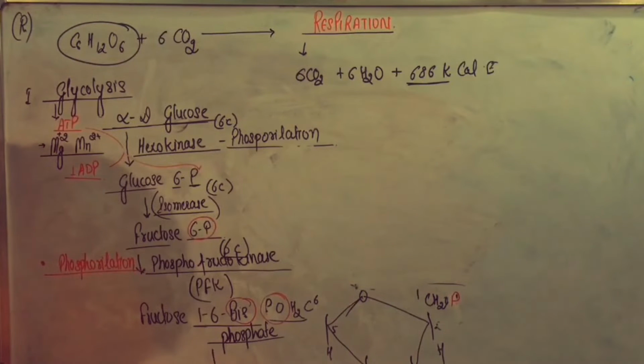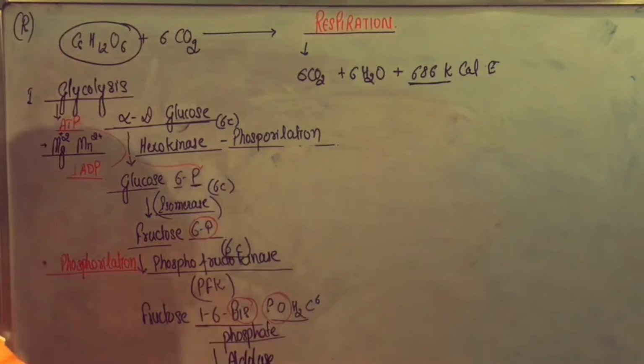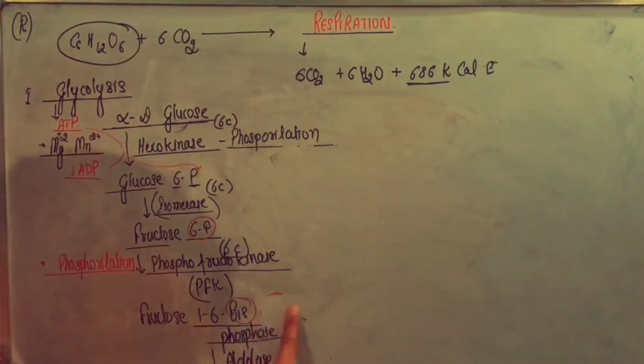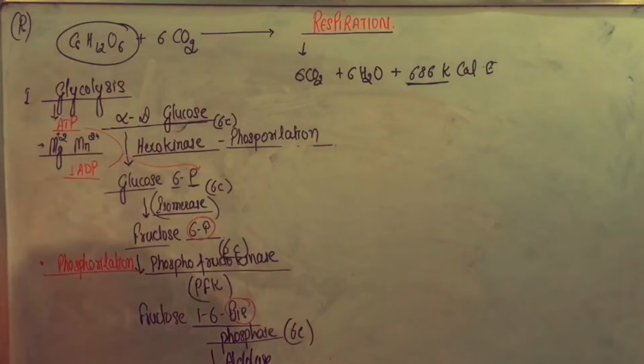This fructose 1,6-bisphosphate, which is also a 6-carbon compound, in the presence of an enzyme aldolase is converted into 2 molecules of 3 carbon each.